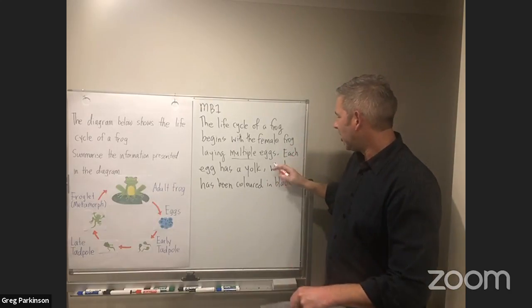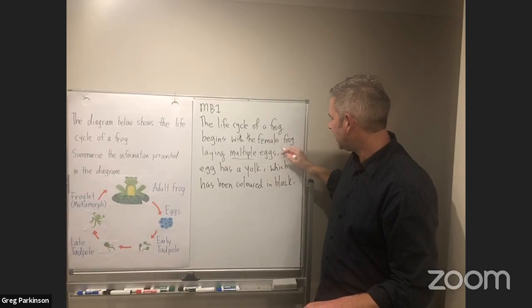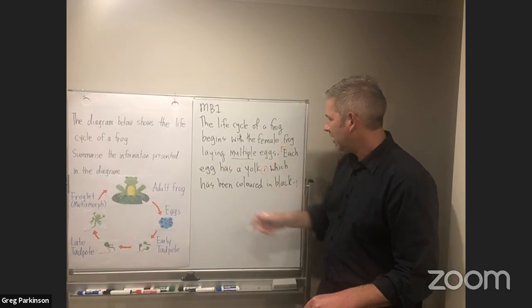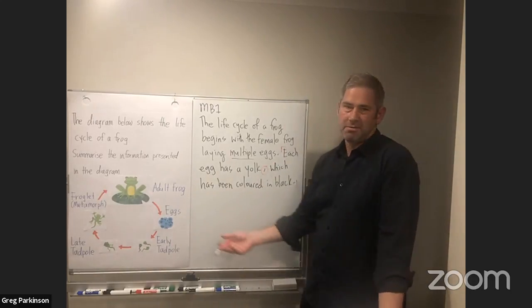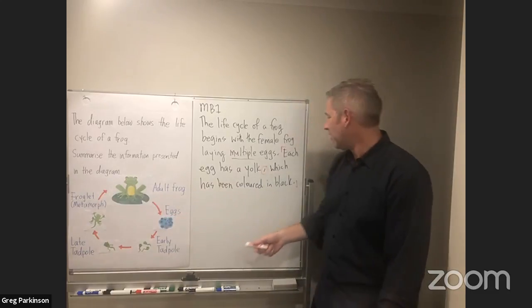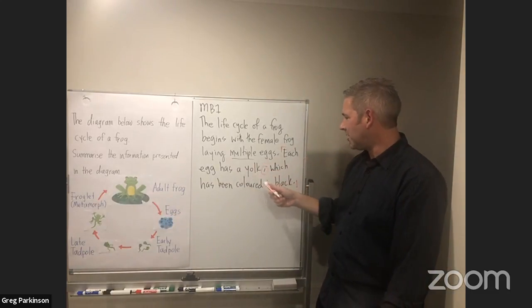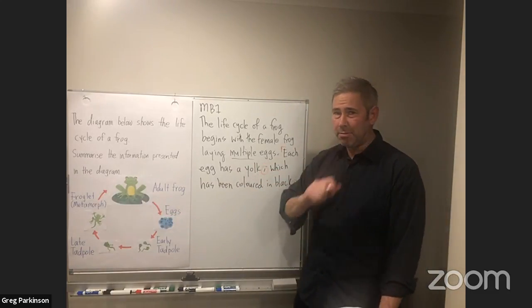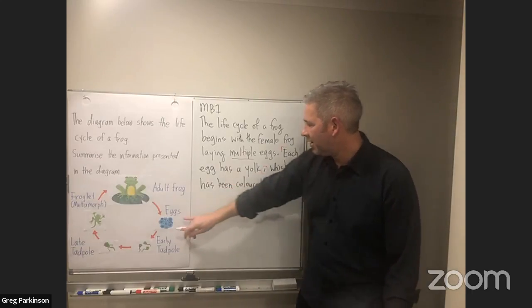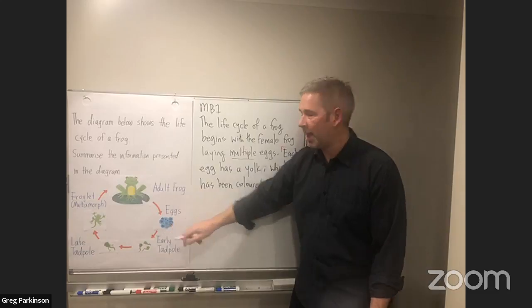So again, what I'm focusing on in the second sentence here is making a complex sentence, right? Even though the information I've given is not really that complex, I've talked about the eggs having yolks. I said each egg has a yolk, and just for the purpose of making a complex sentence, I've said they are colored in black.